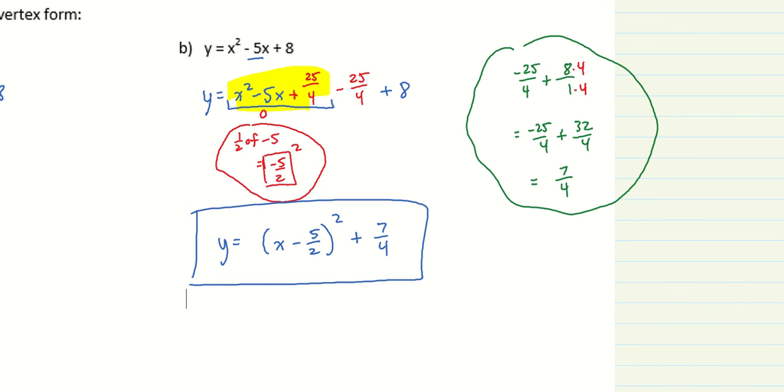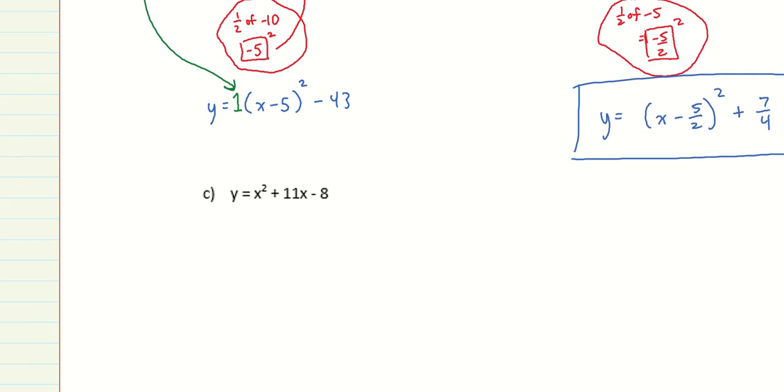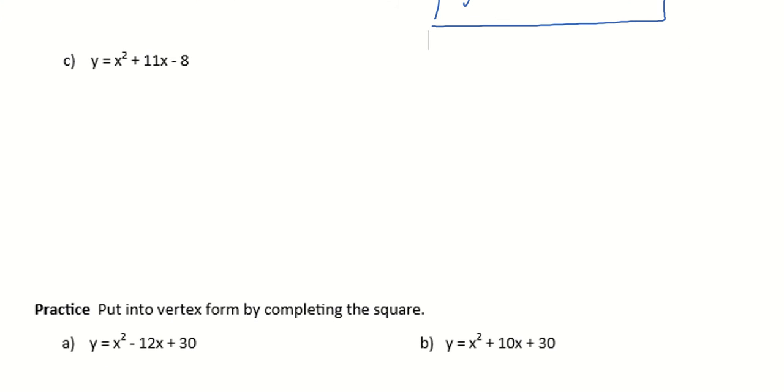All right, in the last example, we've got a similar situation. Notice I'm only doing ones where a is 1. Okay, so we're going to start there. So here we're going to have y is equal to x squared plus 11x, bring the 8 over.